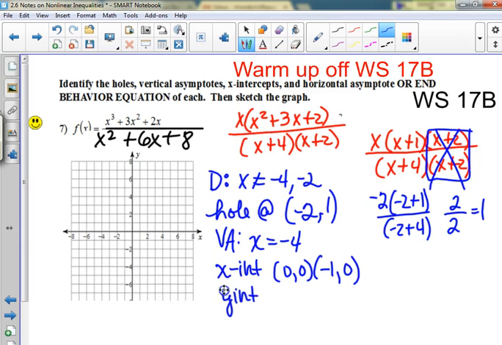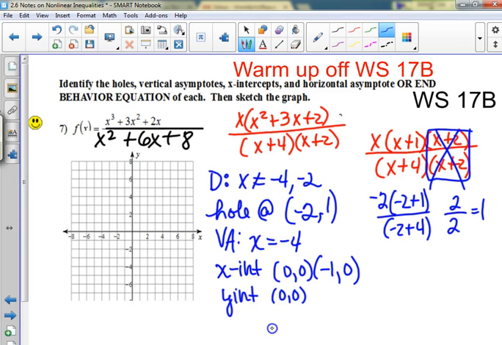Y-intercept. I think the only y-intercept is going to be 0, 0, yes? Because if we go back and plug a 0 back in for all the x's, we get 0 over 8. And if it's a function, it can't cross the y-axis more than once, and 0, 0 was already there.